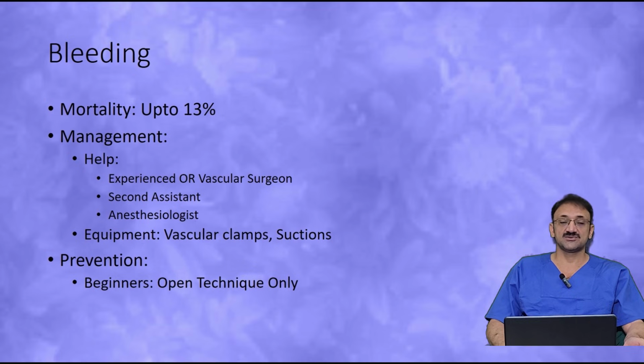However, vascular complications can also happen during traction, retraction, dissection, and using an energy source. So the advice for the beginner is that in the initial part of their career, they must use an open technique for the placement of the first trocar.